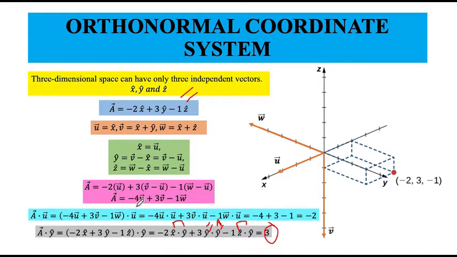And it is a very useful property of a coordinate system, because that way you can figure out how to form this vector A given building block vectors. All you have to do now is say that my vector A is A dot x hat into x hat plus A dot y hat into y hat plus A dot z hat into z hat.